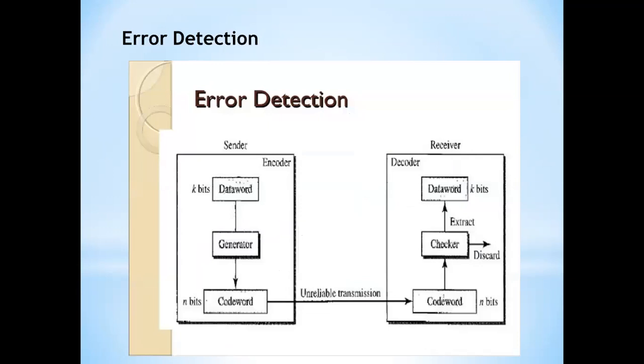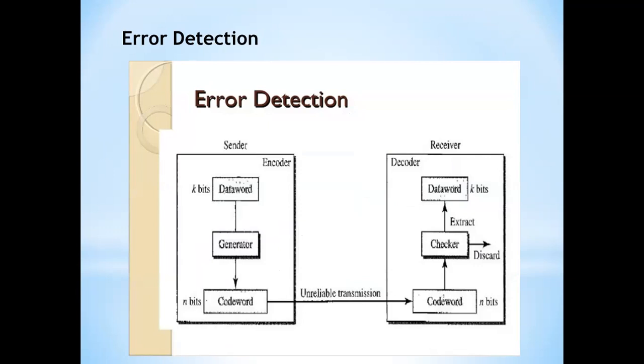Next is error detection in the block coding. We can detect the error using block coding if the following conditions are satisfied. First, the receiver has a list of all valid code words with it. Second, the received code word is different than these valid code words. If so, it is an invalid code word.